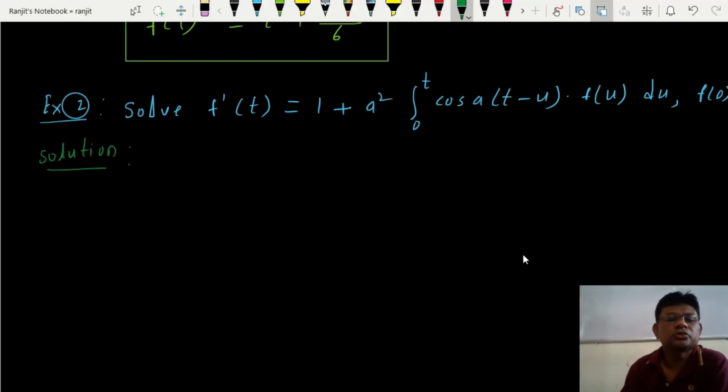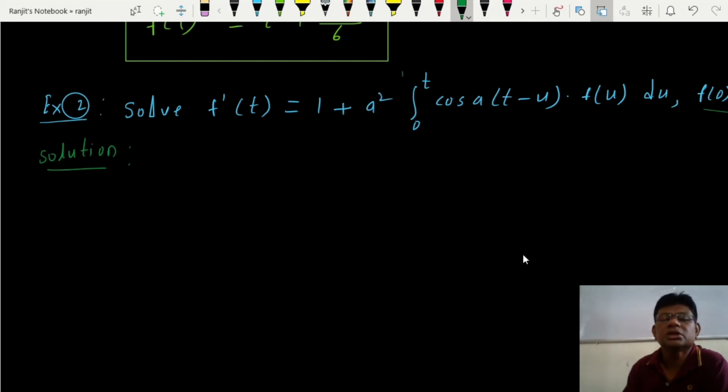Now example 2, solve f prime of t is equal to 1 plus a square integral 0 to t cos a times t minus u times f of u du. F of 0 is equal to 0 be the given condition. Now solution.